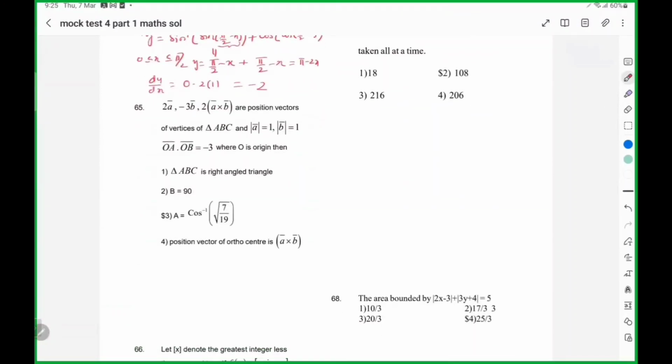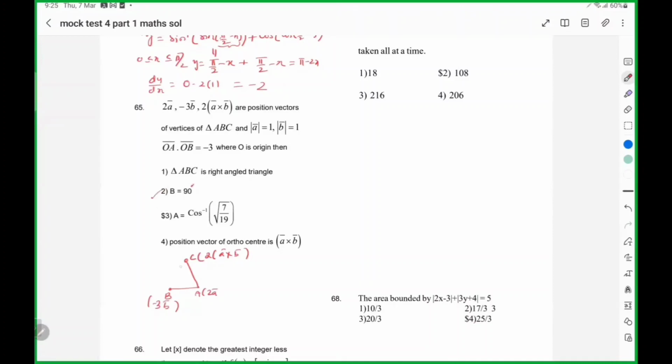Here, what it forms: one point is 2a bar, and the other point somewhere here is b. Let us take minus 3b bar. C here is 2 times a bar plus b bar. Now, he has given one of the options as angle B is 90 degrees.